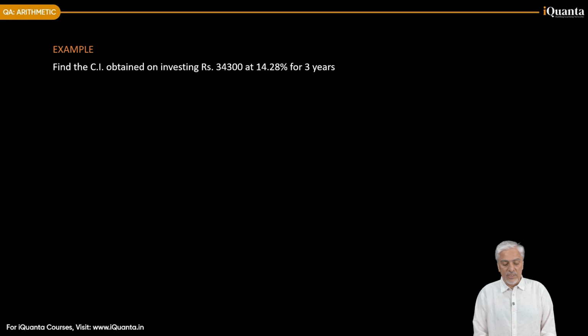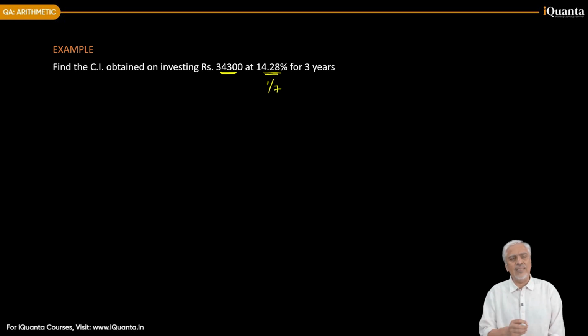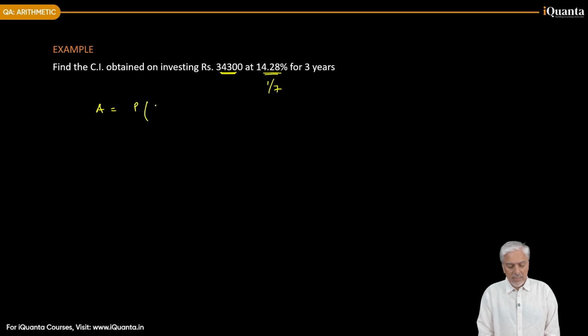Find the compound interest obtained on investing rupees 34300 at 14.28%, which we know should be 1 by 7, for 3 years. So let's look at the standard method first. The formula for amount: Amount is equal to P into 1 plus R upon 100 raised to N. So how much will it become?